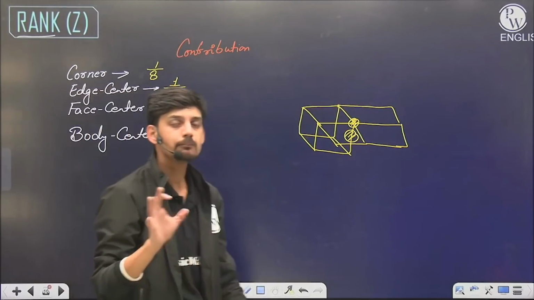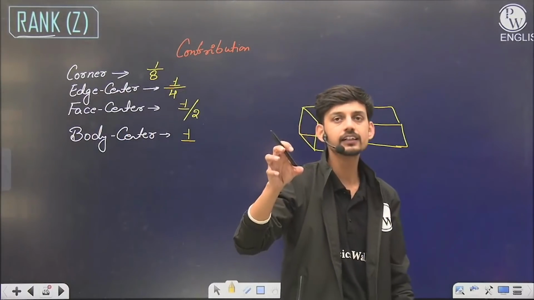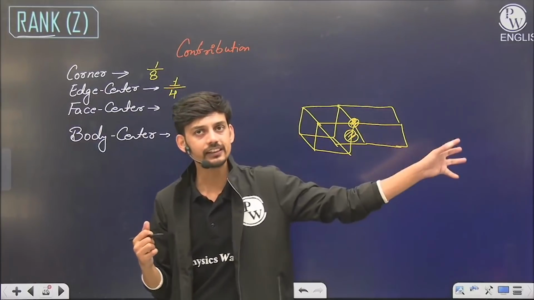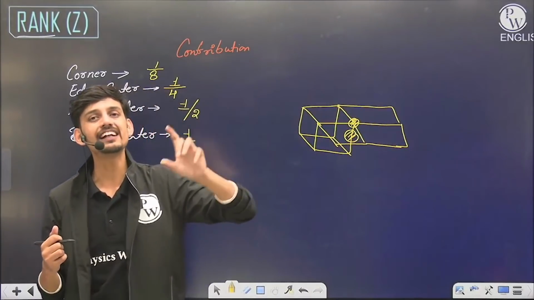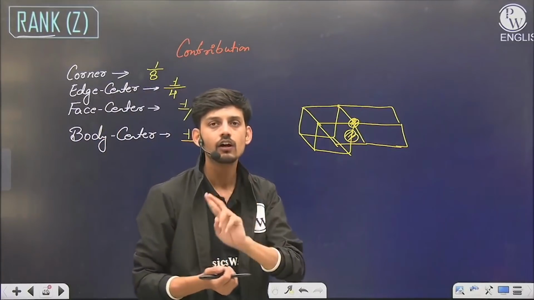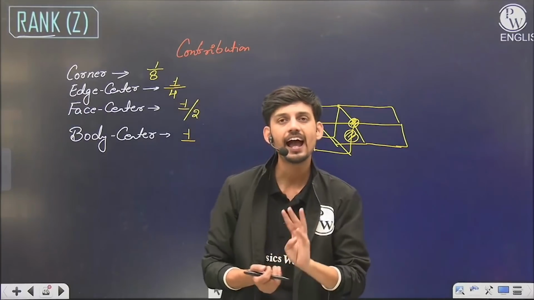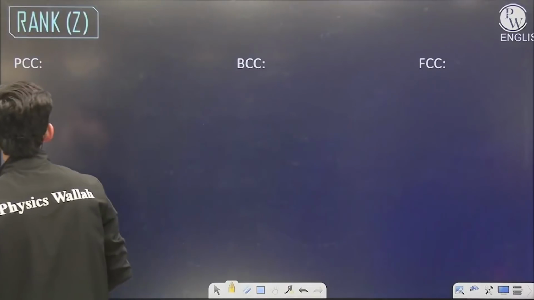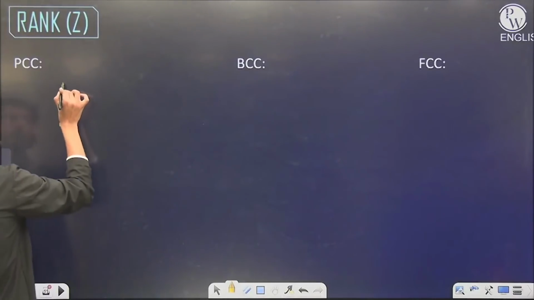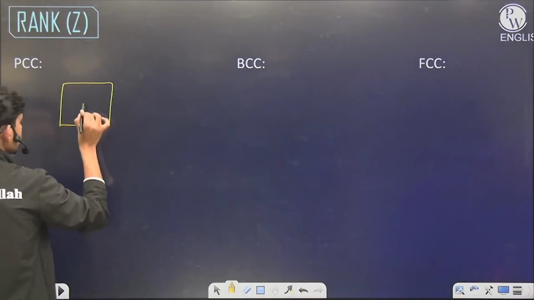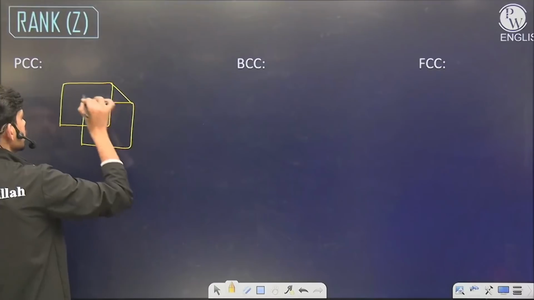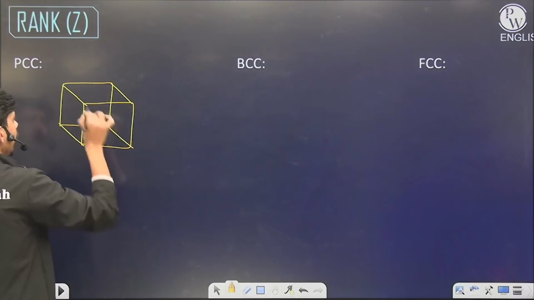You can simply remember it by remembering that for body center, face center, edge center and corner, the contribution gets halved every time: 1, 1 by 2, 1 by 4 and 1 by 8. So if I see for PCC, atoms are at the corners.